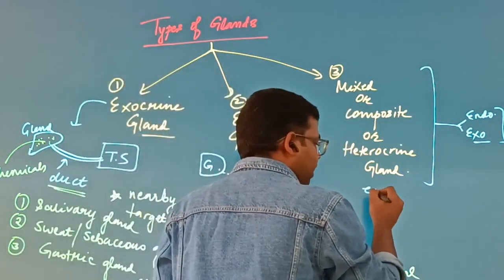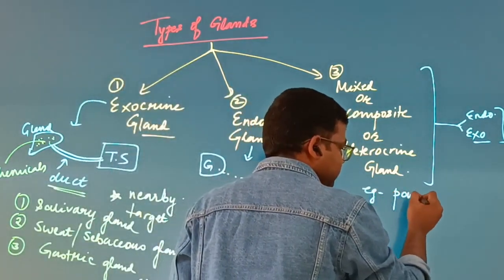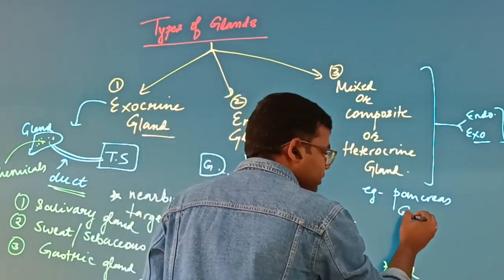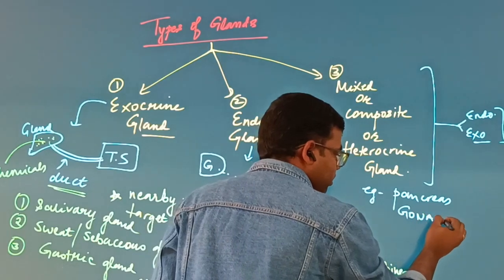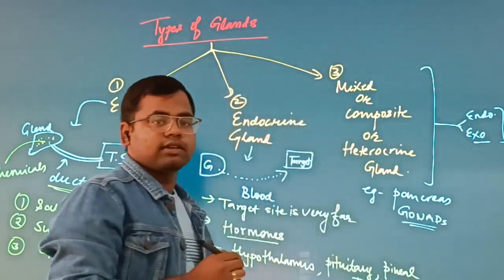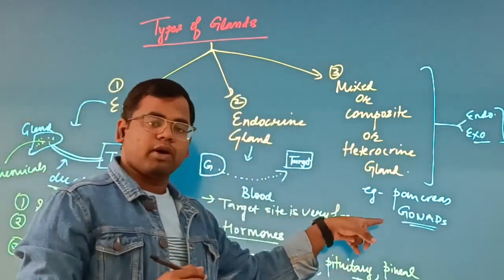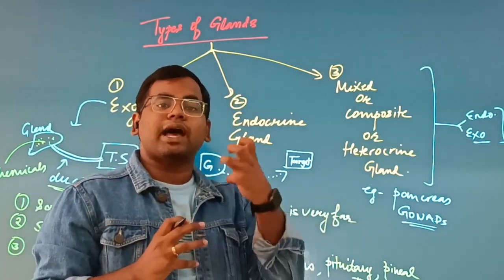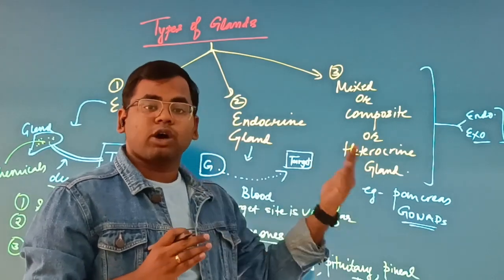For example, pancreas. Not only pancreas, but also gonads. What are gonads? Gonads are those structures in our body which are associated with the production and formation of gametes and also the sex hormones, right?